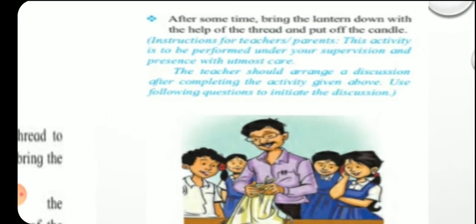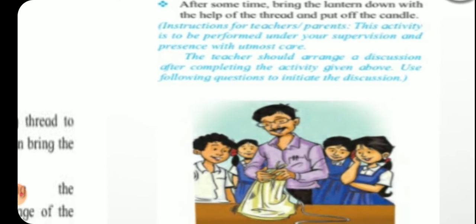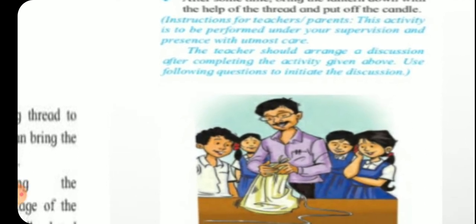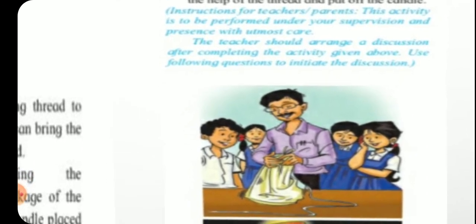After carefully reading the instructions given on the package of the lantern, open it and light the candle placed in it. Observe what happens. After some time, bring the lantern down with the help of the thread and put out the candle.